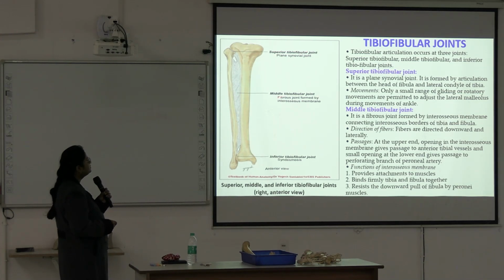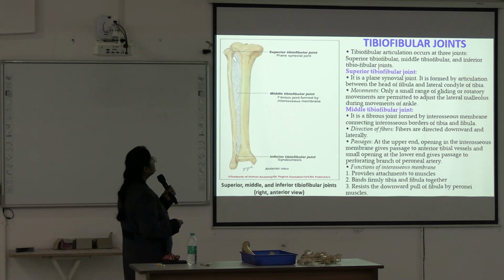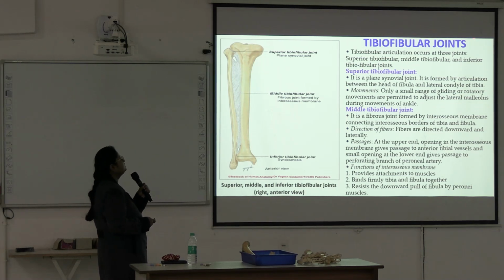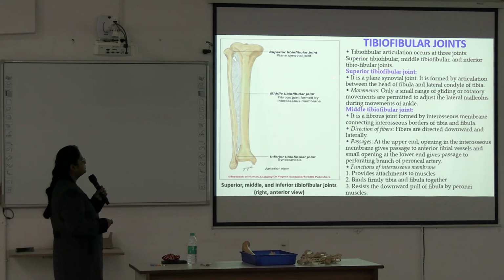The middle tibiofibular joint is a fibrous joint formed by the interosseous membrane, and the inferior tibiofibular joint is a syndesmosis formed by the inferior tibiofibular ligament, which we have discussed during the ankle joint.